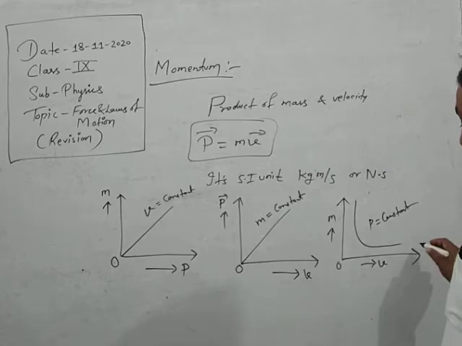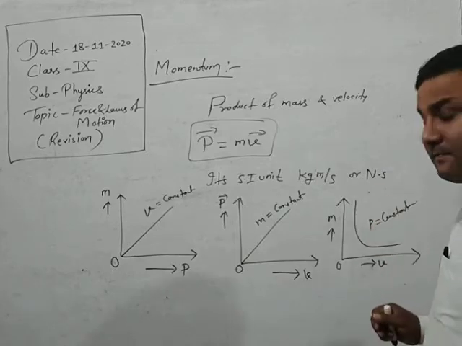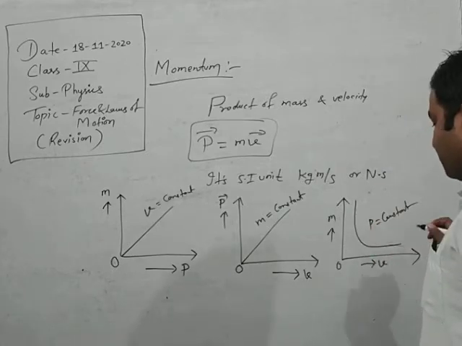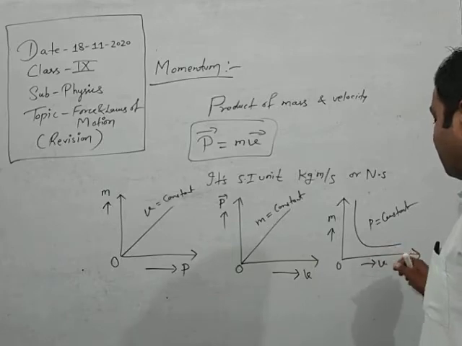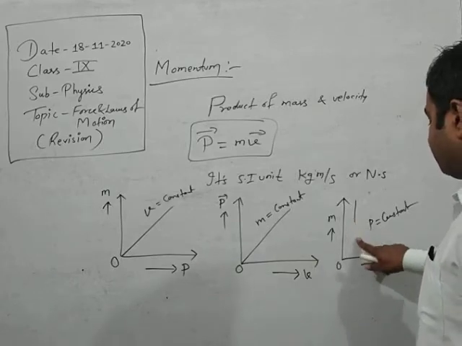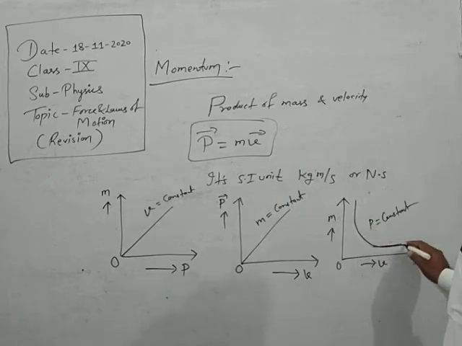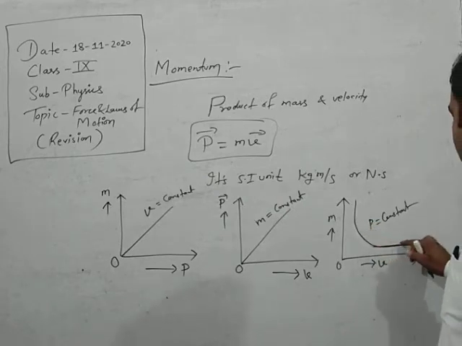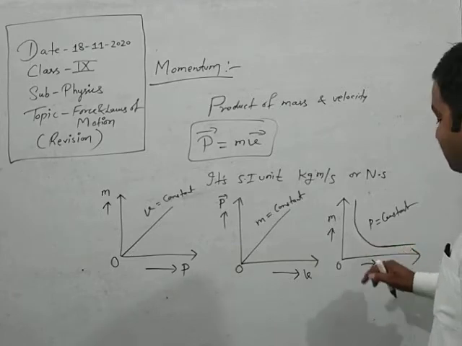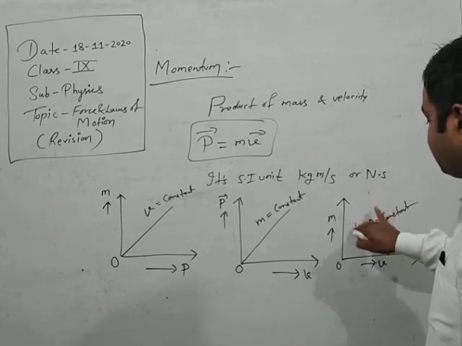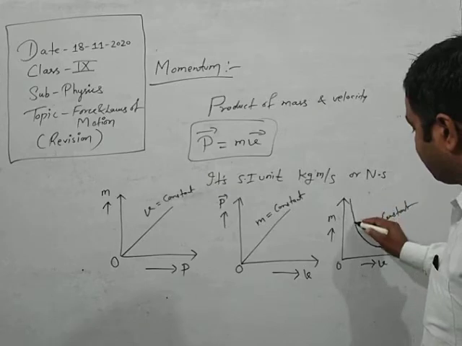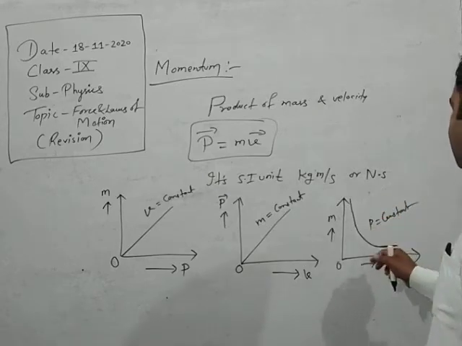If mass increases, then velocity decreases, and if velocity increases, then mass decreases. Clear? In this way, we can obtain the graph. Very simple concept about the explanation of mass and velocity. Clear?